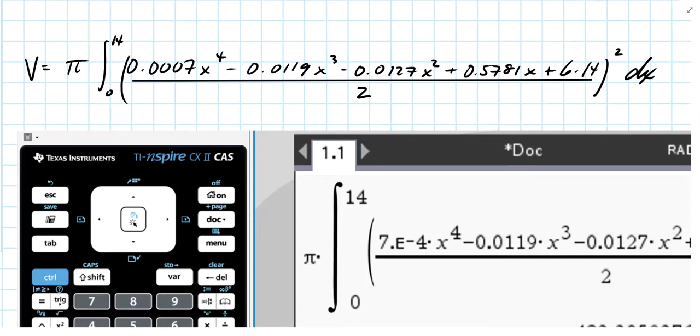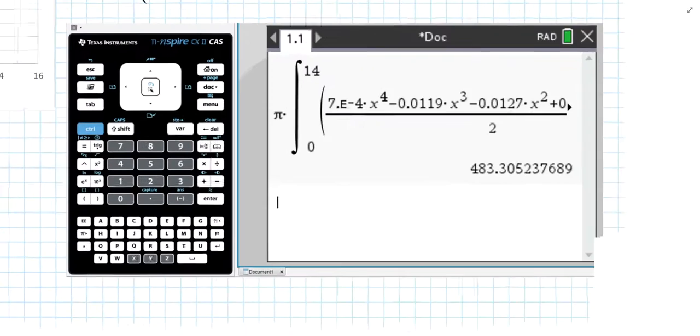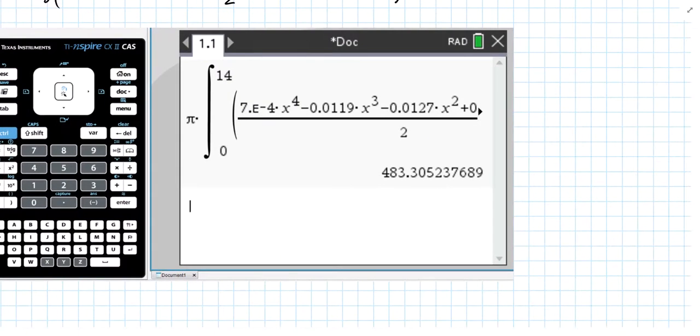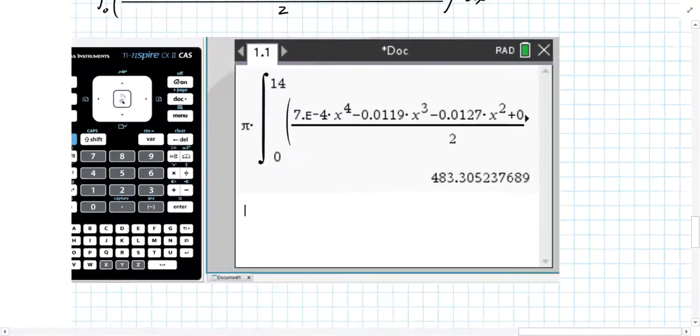And that's essentially what was done here for our curved vase, or our curved vessel. So we programmed the calculator to compute the same integral between 0 and 14 centimeters in height along this particular curve, and the volume for the curved vessel was established as well.